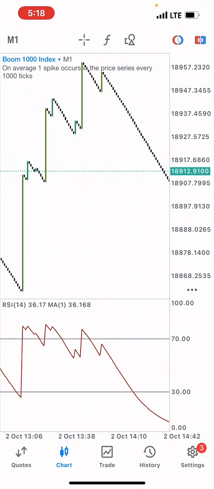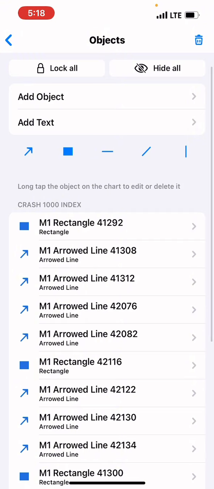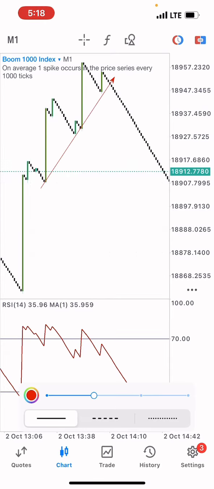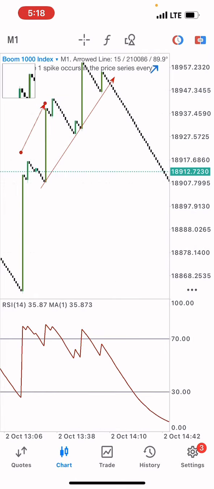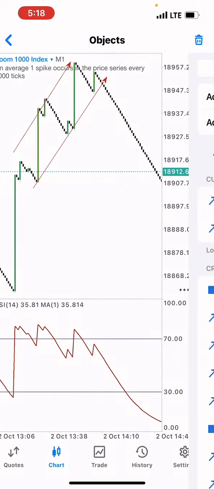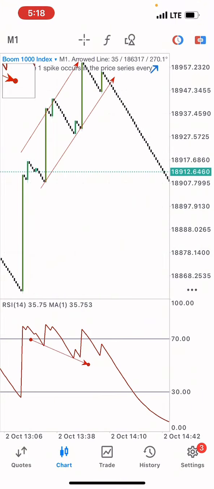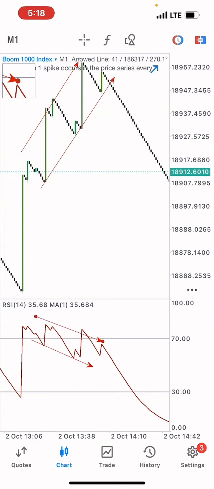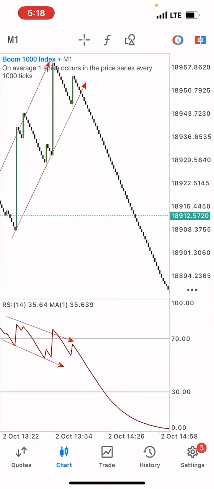Now you can notice how price is printing more higher highs on our main window. And then when it comes to the indicator area, we are seeing the opposite. This is happening above level 70 of our RSI. For the Crash market, we're looking at below level 30 of our RSI.